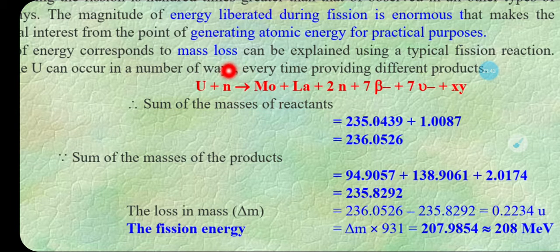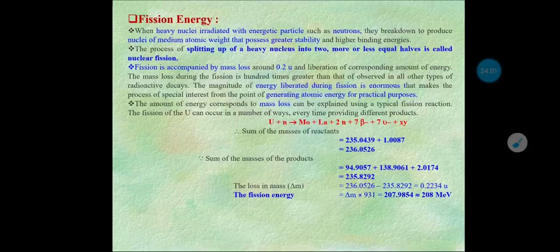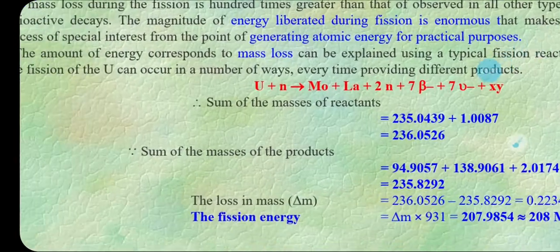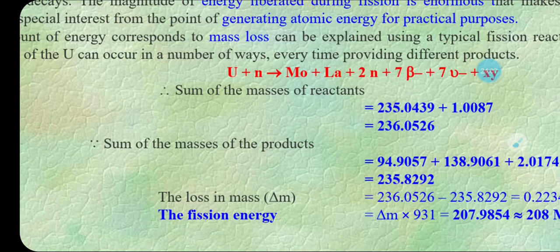That means a high energetic neutron collides with the uranium. It gives two lighter nuclei, that is molybdenum and lanthanide, plus 2 neutrons plus 7 beta particles, then 7 antineutrinos plus energy.